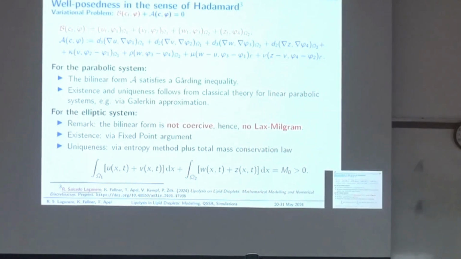But for the elliptic system, we encountered a lot of issues because, for example, the associated linear form is not coercive. And so from the classical elliptic theory, you cannot use the Lax-Milgram theorem. And so what we did is to use a fixed point argument and the so-called entropy method, which uses the property of the parabolic system to prove well-posedness and to prove uniqueness of the elliptic problem.